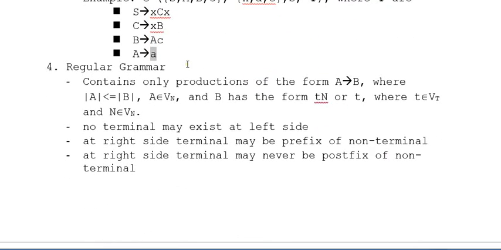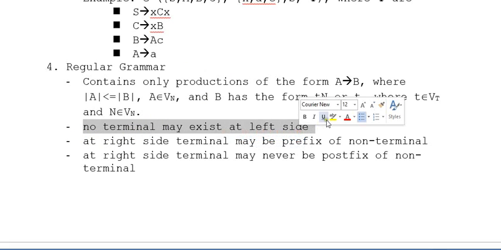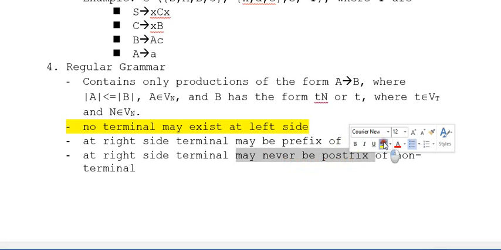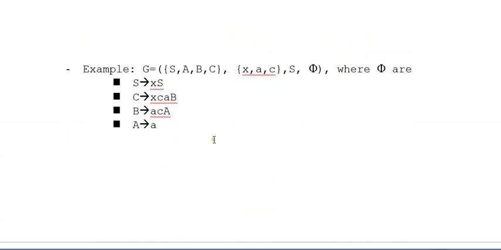Now moving on to the next, which is regular grammar. In this condition no terminal may exist on the left side, which is a very important part. And another point is that on the right side, terminals may be prefix of the non-terminal but never postfix. It means here S is a non-terminal and X is prefixed.